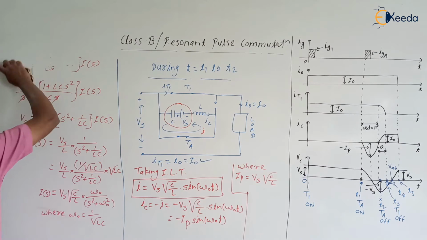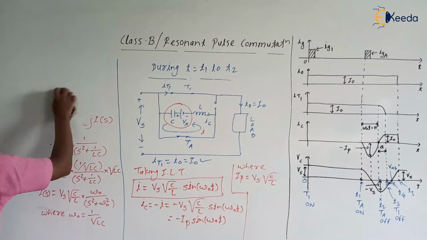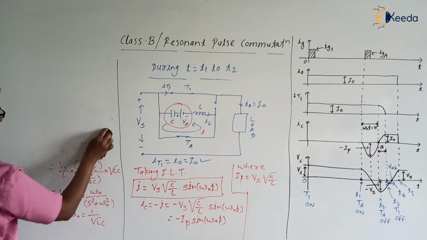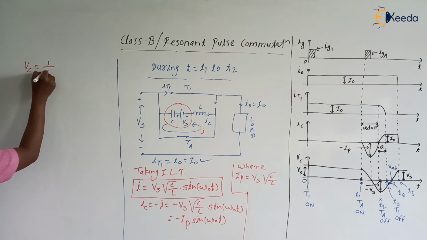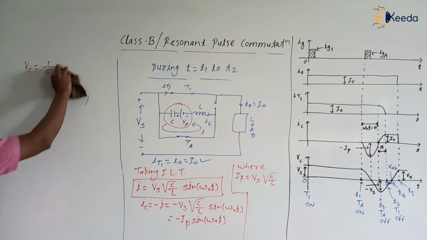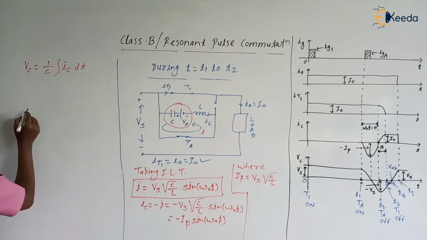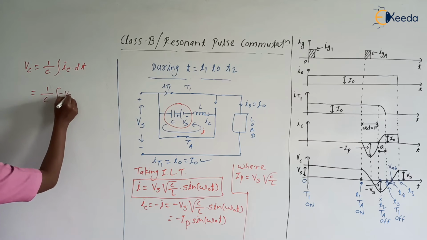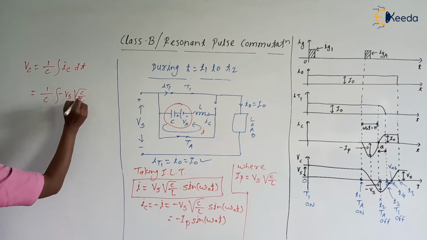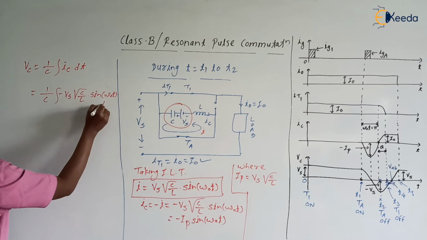VC is equal to 1 by C integration of IC dt. Capacitor discharging, so 1 by C integration of IC, which is minus Vs under root C by L into sine of omega 0 t, into dt.